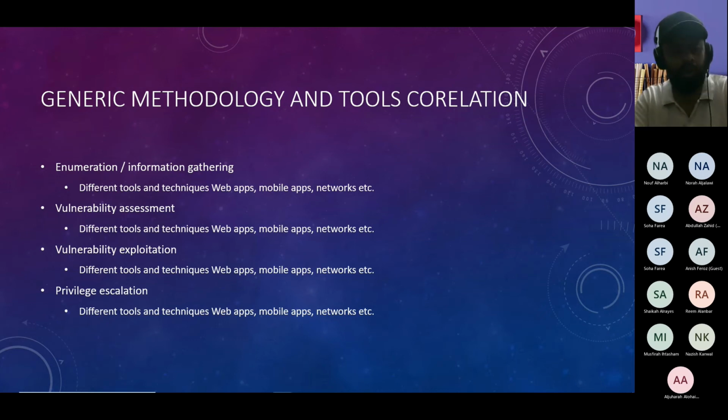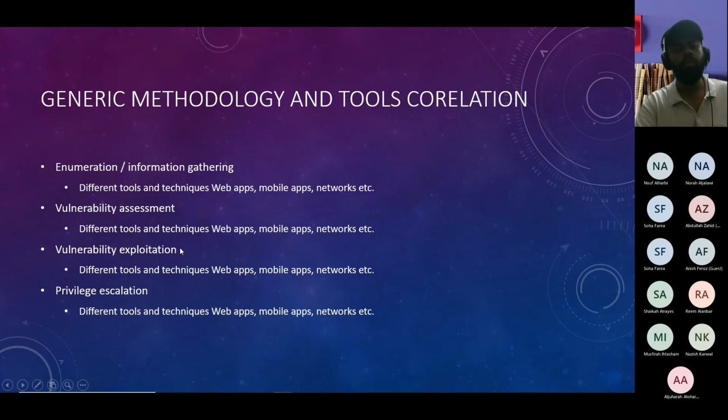Exactly, that is very right. Vulnerability exploitation: for example, if you are an organization, you hire a proper service to do it for you, and this is one category of the work. Another possibility is that a hacker tries to exploit your systems. So if I am a hacker doing it illegally, or a cybersecurity engineer doing it legally for you, if I am doing exploitation for any of your IT assets, I will be coming through these stages: information gathering, vulnerability assessment, vulnerability exploitation, privilege escalation.